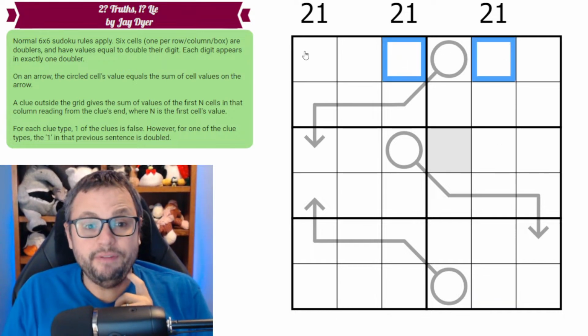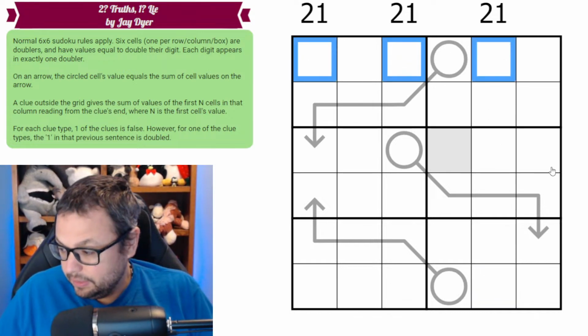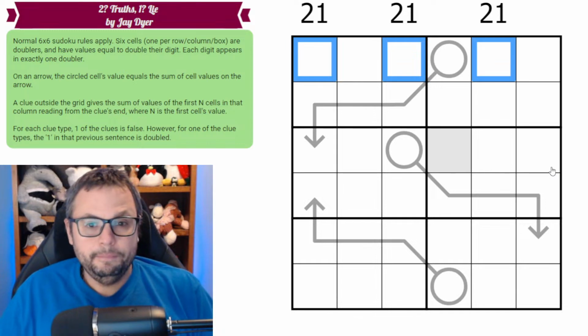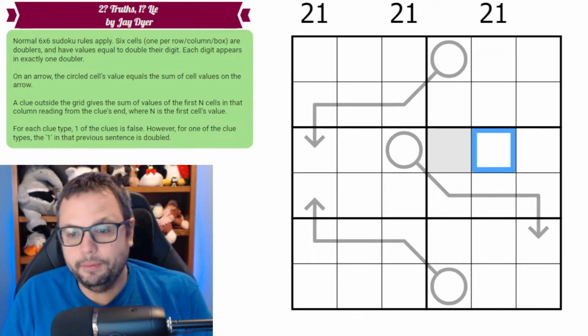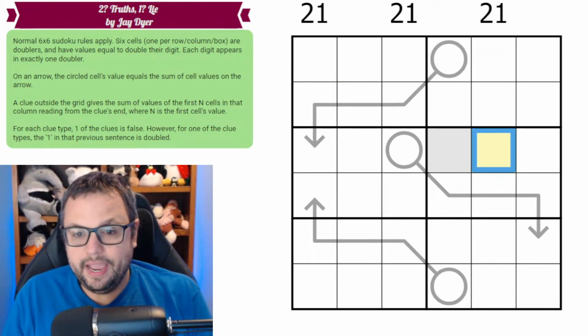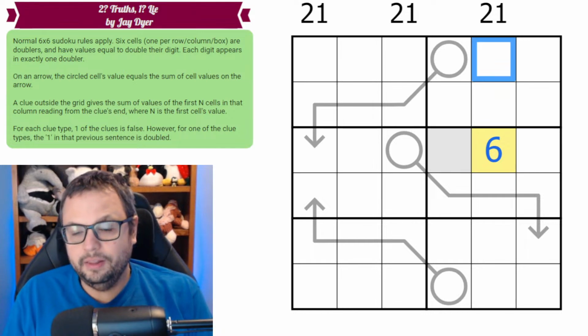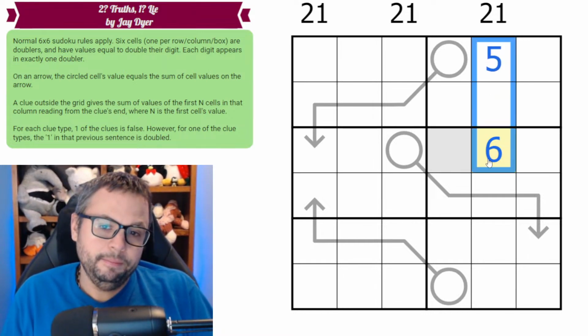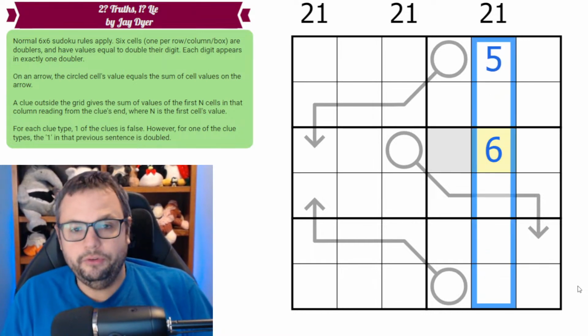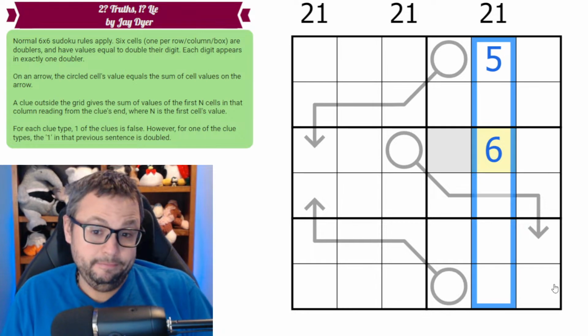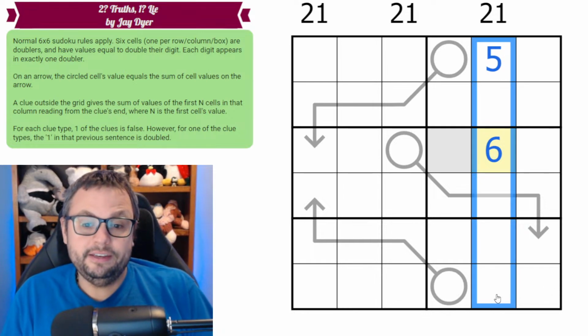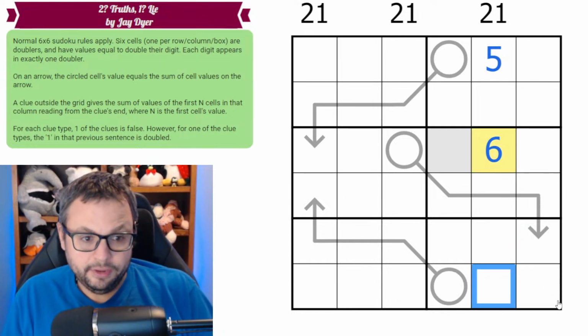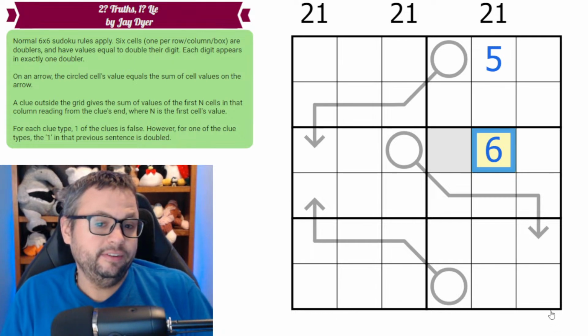So I can't put a 5 here even, because let's just say there's a 6 in this column, and I want to make this a 5. Then what does this column sum to? Well, it sums to 27, which means I need to make this cell sum to 6. But that's a problem because of this 6.